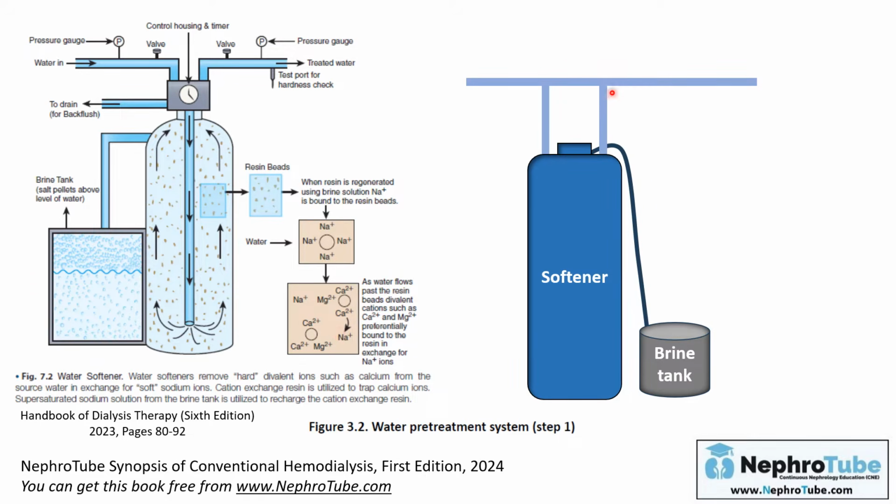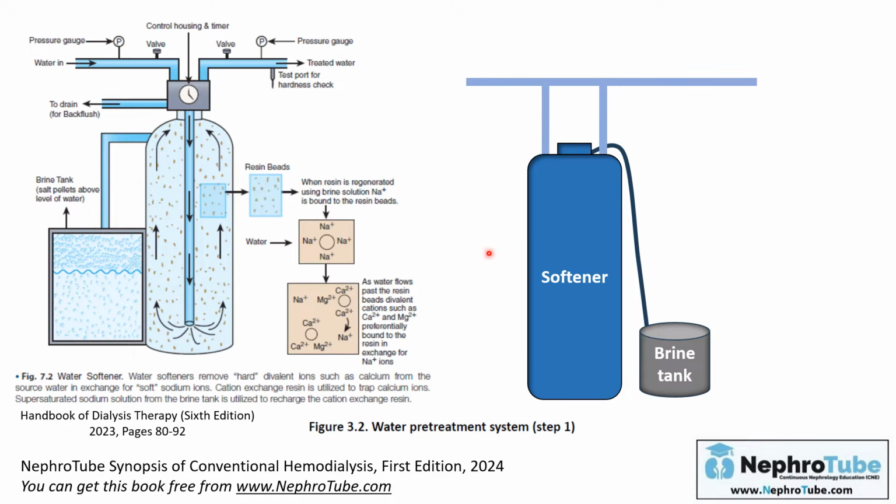So the water coming out from the softener will have less calcium and magnesium, but a high level of sodium. And this sodium will be removed later on by the RO system that I will mention later.